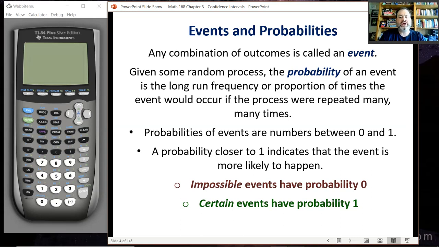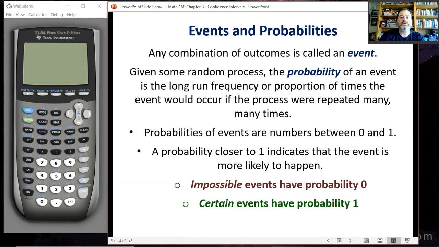So probabilities of events are numbers between 0 and 1. That should make sense, because we're defining probability as a relative frequency, and in Chapter 2 we defined relative frequencies as sample proportions or population proportions. Sample proportions and population proportions have to be numbers between 0 and 1, so the probability, because it's a proportion, also has to be between 0 and 1.